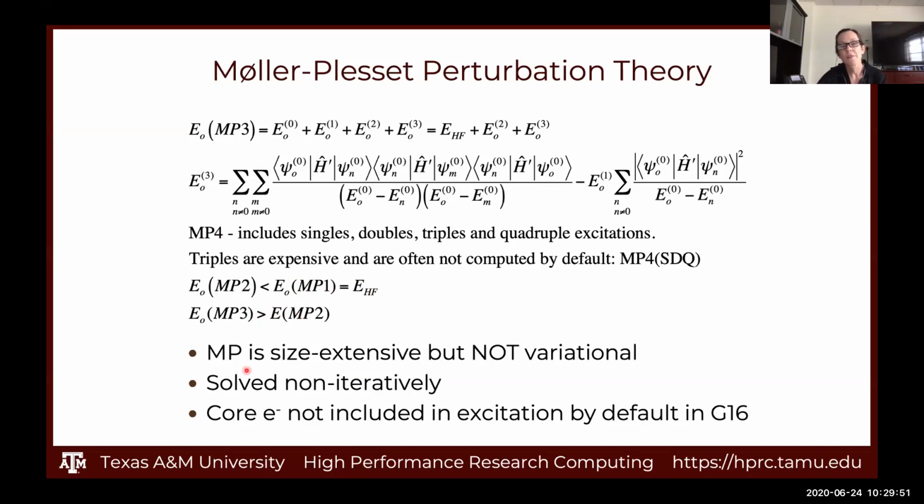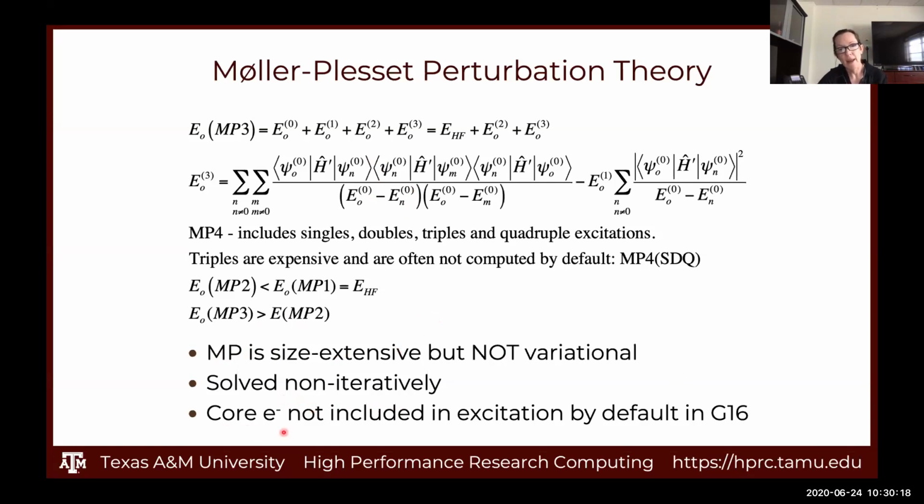One thing about the Møller-Plesset series is that it's not variational. You can drop below the true energy of the system. It is solved non-iteratively, because you're only promoting the electron and calculating the energy without re-optimizing the wave function. So it's non-iterative, but it is computationally intensive.